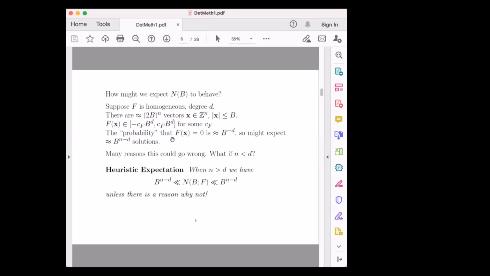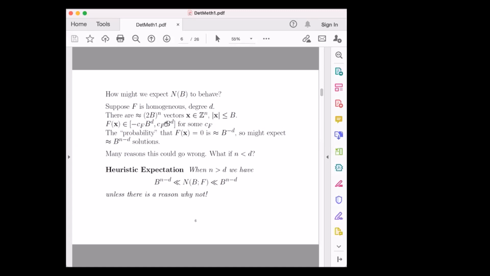Now imagine that you have a row of boxes labeled from minus B to the d to plus B to the d, and you have something like 2B to the n balls, and you throw them at these boxes at random. How many of these balls are going to land in the box labeled 0?